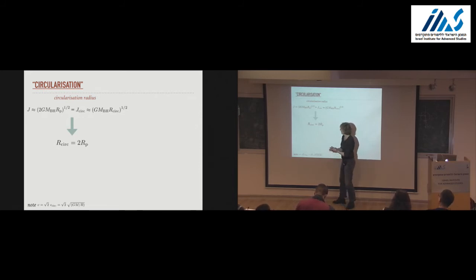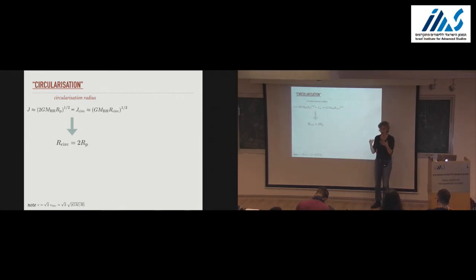Now, a question for you. So this is where I want to circularize. But I have a very eccentric stream. So I want the semi-major axis to shrink, right? So I want to lose orbital energy. So what is the energy I need to get rid of? Or how would you calculate it?